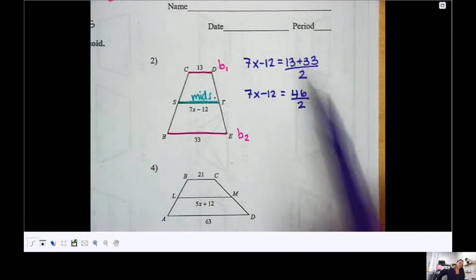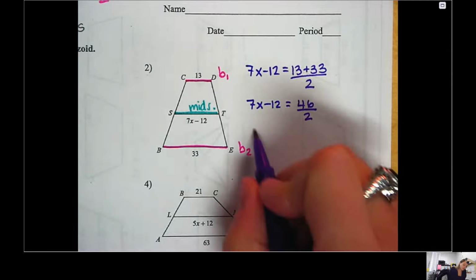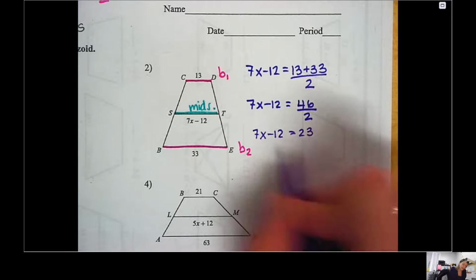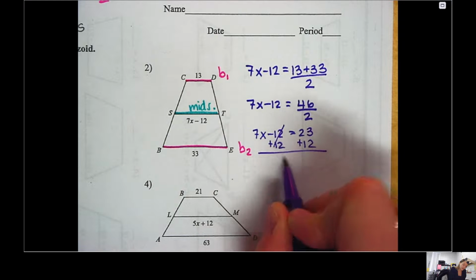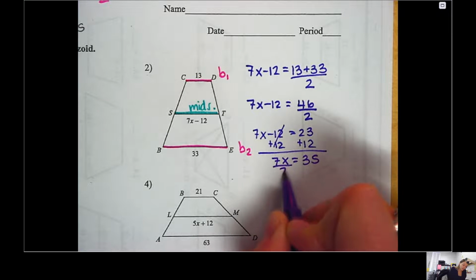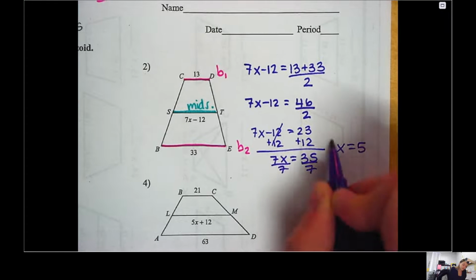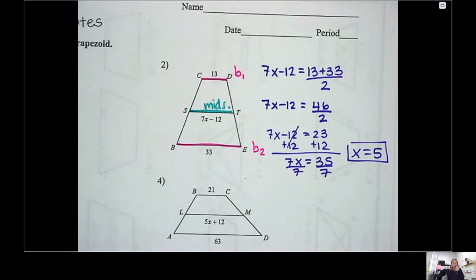So if you take 13 plus 33, add them together, you get 46. Divide it by 2, you get 23. Then I add the 12 to both sides to get my constants on one side. I get 7x equals 35. Divide both sides by 7, I get x equals 5. So it's just, again, a little bit of algebra, just like we've been doing this whole time.